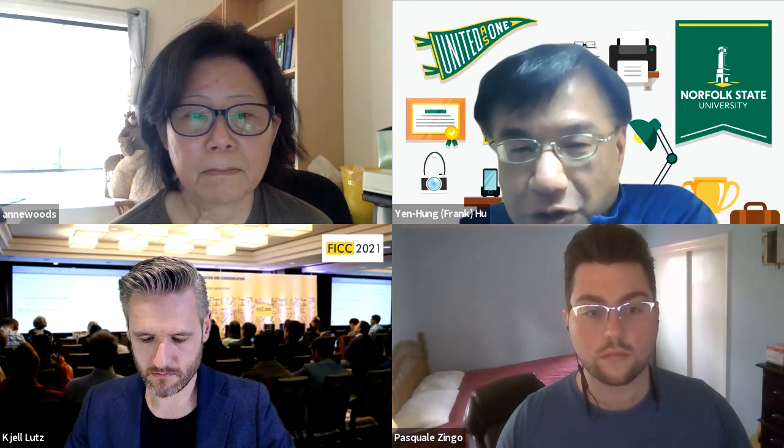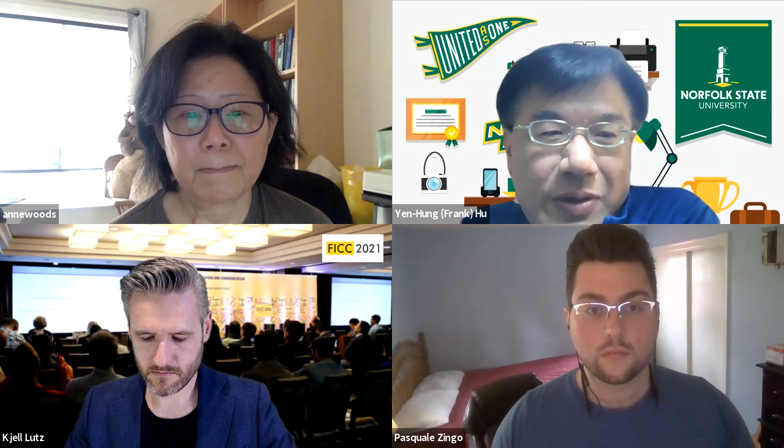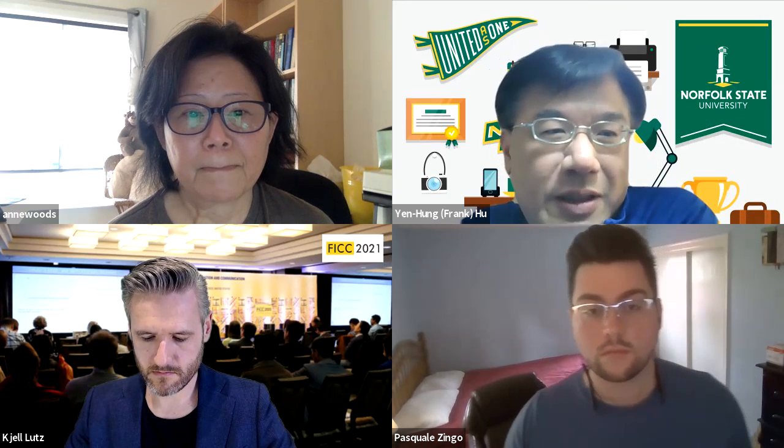Let me share my comment first. This is Frank Hu from Norfolk State University. The problem I have in processing my data is, first, I have to convert all the executables to PNG images, and you have to spend lots of time to identify those executable files, whether it's a DLL or exe or .com or any kind of attachment, to make sure they are the ones you want.